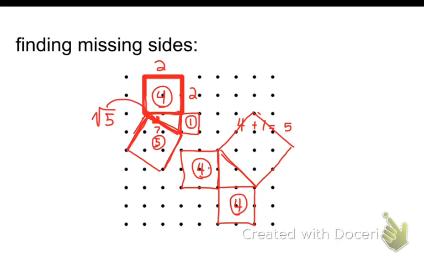Well, I know that 4 and 4 together are going to give me 8. Okay? And that this missing side right here is going to be worth the square root of 8. Okay? It's true every single time. Now, if that seems a little complicated, ask me for some clarification, ask your neighbors for some clarification.